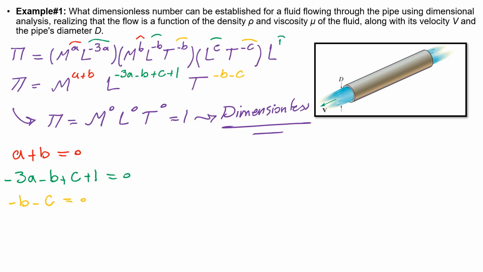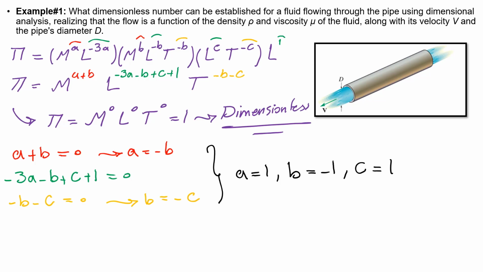From these equations, I can conclude that a is equal to negative b, and also b is equal to negative c, right? So putting all these together and solving all these equations, we'll have a is equal to 1, and then b would be equal to negative 1, and c is also equal to 1.